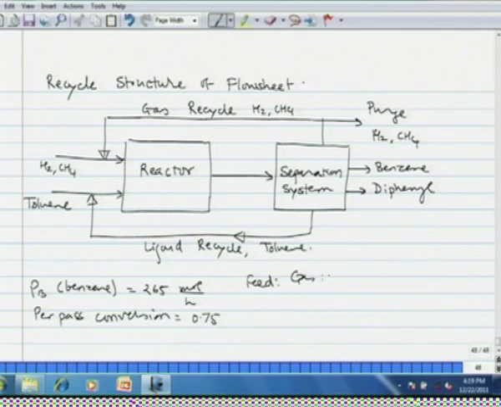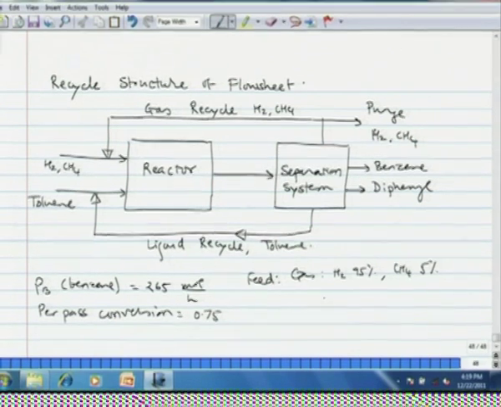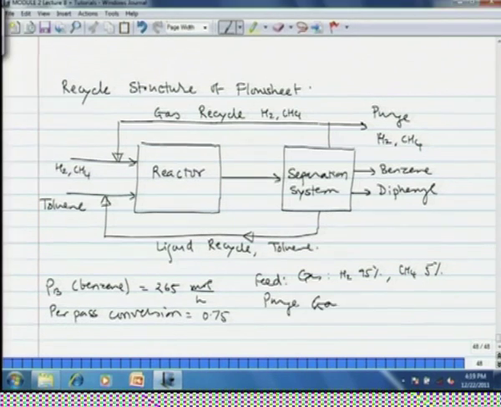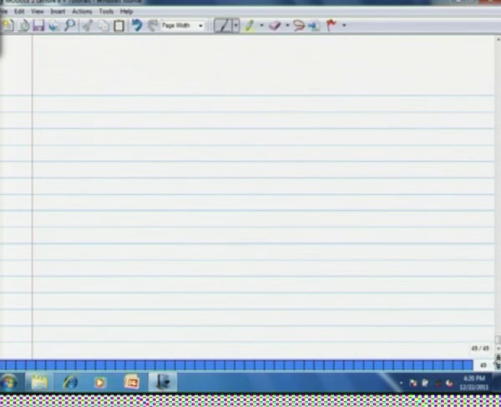Hydrogen contains 5% methane as impurity, and the purge gas contains 40% hydrogen and 60% methane. The selectivity is a function of conversion and is given by this correlation: S is equal to 1 minus 0.0036 into (1 minus x) raised to 1.544.